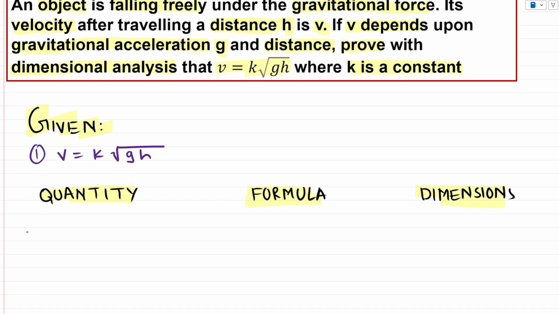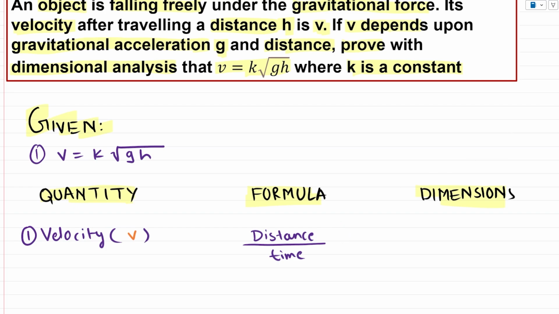And let's start with the first quantity जिसका dimensions हमें ढूंढना है. So the first quantity is the velocity जिसको हम represent करते हैं using the letter small v. Now, as per the definition, velocity is the rate of change of distance. So formula is distance upon time. Now, in this formula, both the distance as well as the time are fundamental quantities.